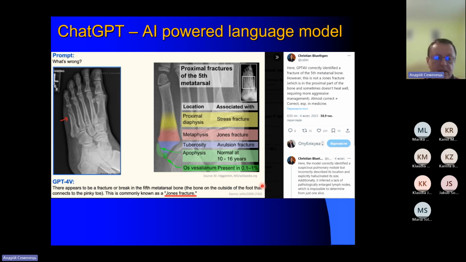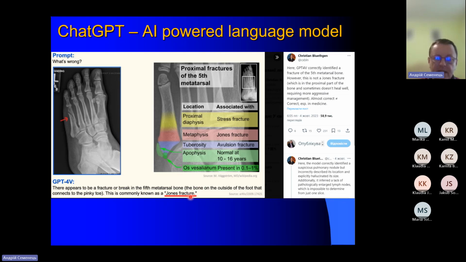And here is a more or less partially correct, but not exactly correct, decision about a specific case. In this case, ChatGPT algorithms properly identify a bone fracture, but not exactly correctly define the specific diagnosis.